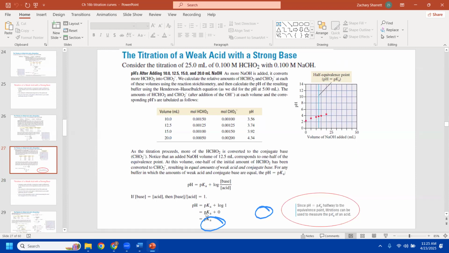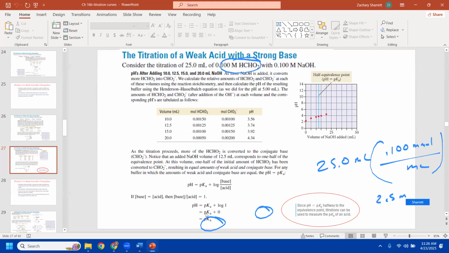Okay, so you said yes, but in this case, we have 25 mL of 0.1 molar, which is millimoles per milliliter, so we can calculate how many millimoles of this there are. So 25 times 0.1, there's 2.5 millimoles of HA, which is actually HCHO2. Everybody comfortable with that?